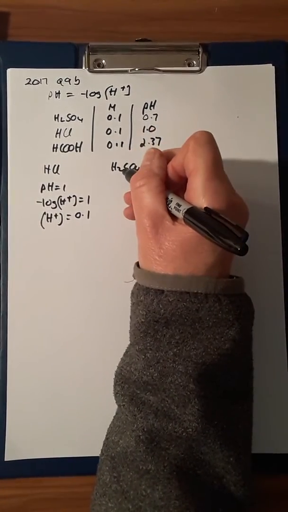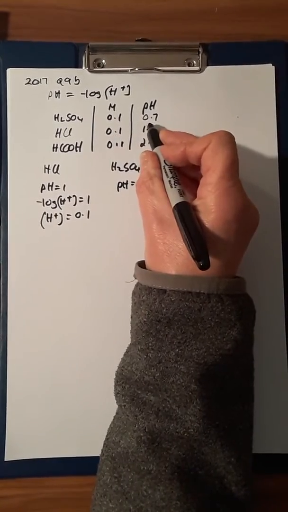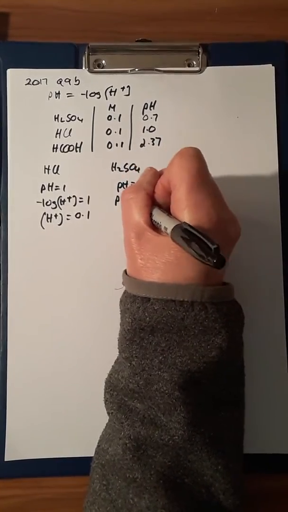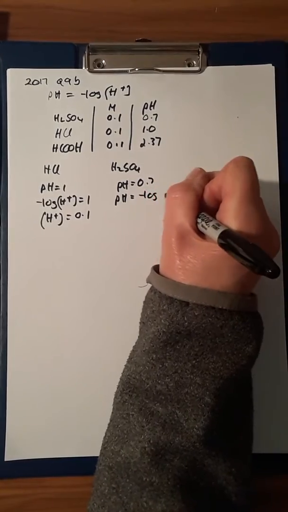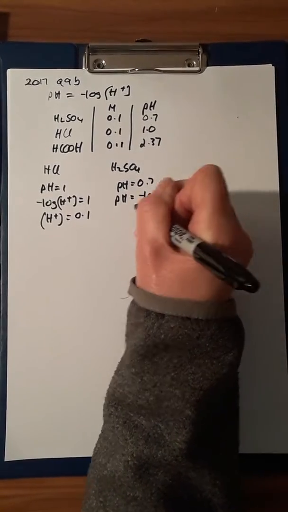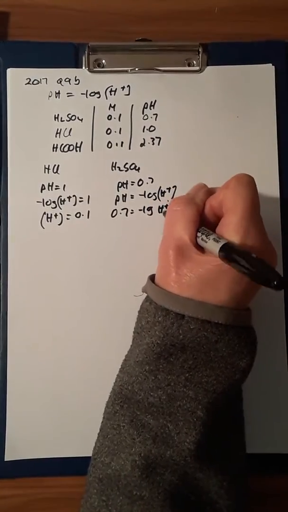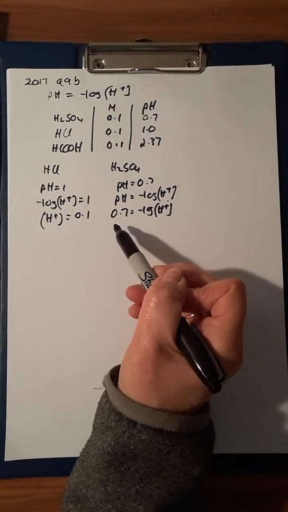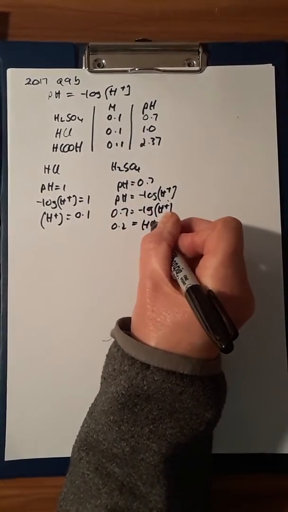The hydrogen ion concentration of sulfuric acid, well, the pH of the sulfuric acid is 0.7. So minus the log of the H plus ion concentration is equal to 0.7, which means that when I get the antilog of 0.7, the H plus ion concentration becomes 0.2.